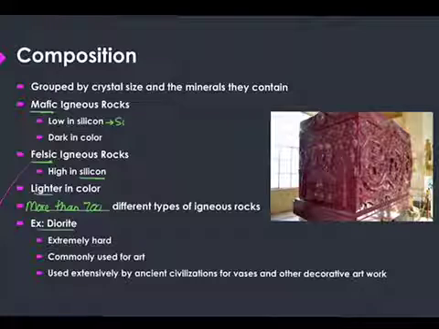Another example is called diorite. This is an extremely hard igneous rock, and it's commonly used for art. And it was used extensively by ancient civilizations for things like vases and other decorative work. This particular picture shows it's made out of porphyry.